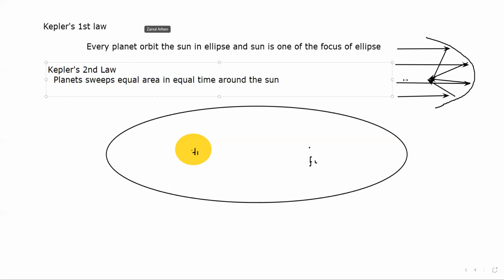So the planets will sweep equal area in equal time around the Sun.